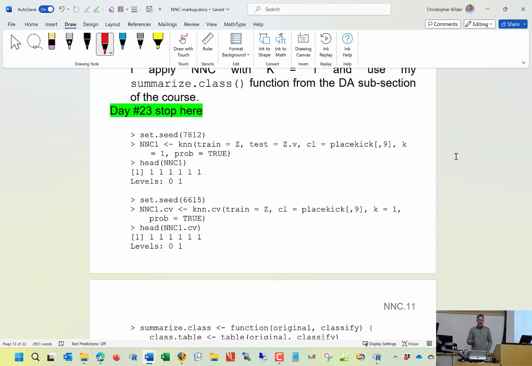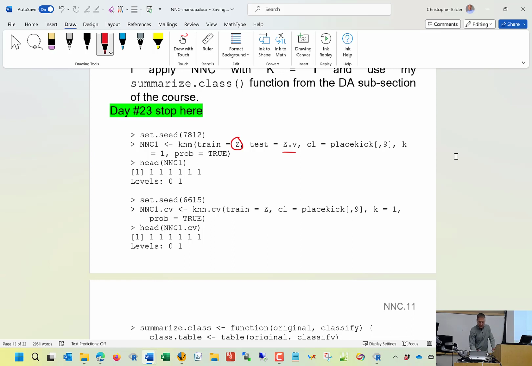We have standardized our data in terms of our training data set, and we've put that into an object called Z. We've also done this with the validation data set as well. We put it into an object called z.v. Now, do note that for this validation data set, the way that I standardized it was I took the mean and the standard deviation from the training data set to standardize the validation data set.